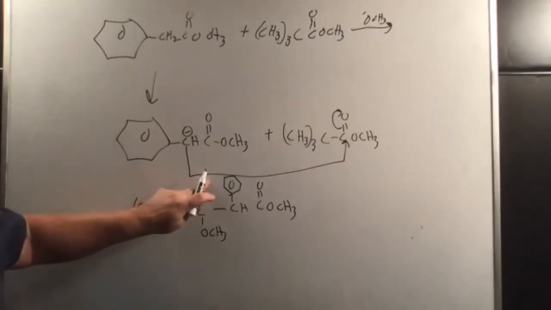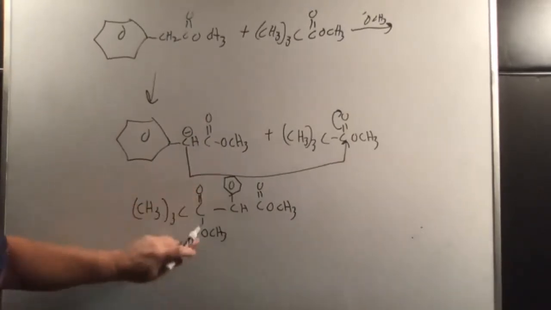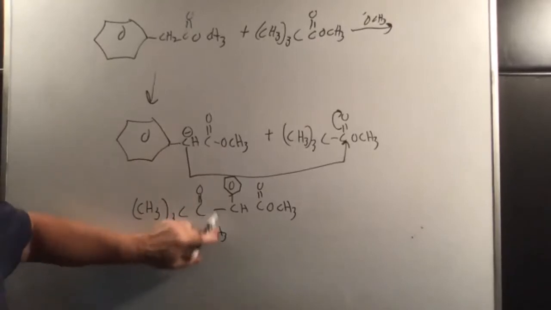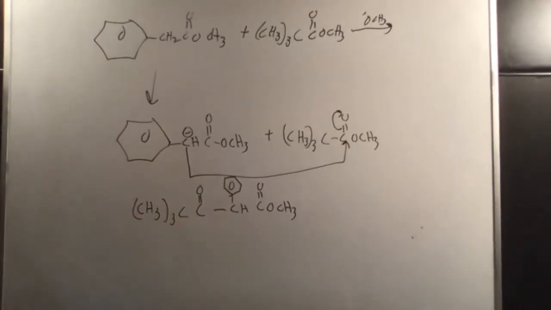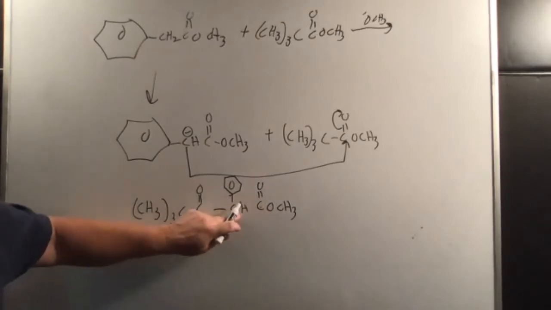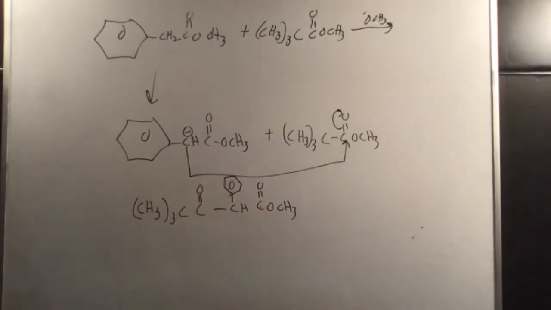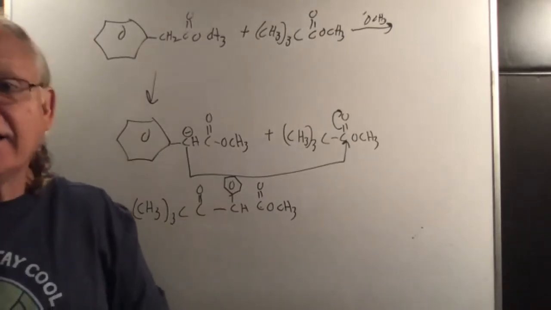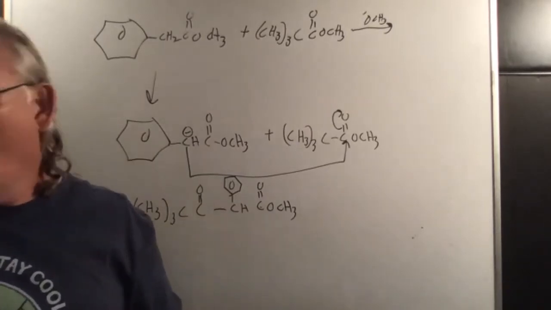Then what happens is this kicks back down, kicking this off. If I've done this correctly, I should have a beta ketoester. Notice here's my ester group, alpha, beta. Okay, so it's not any different than what you've seen before.